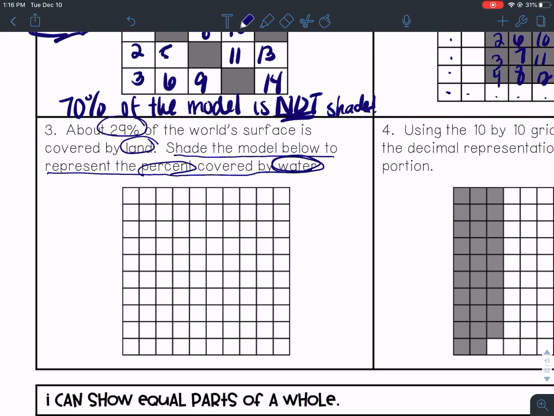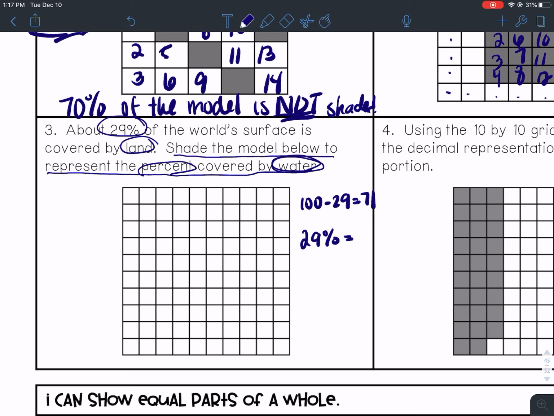So if 29% is covered by land, then I would just need to shade 29 squares, because 29 out of 100. But they want to know the one that is covered with water. So 100 minus my 29 is equal to 71. So 71 are shaded.